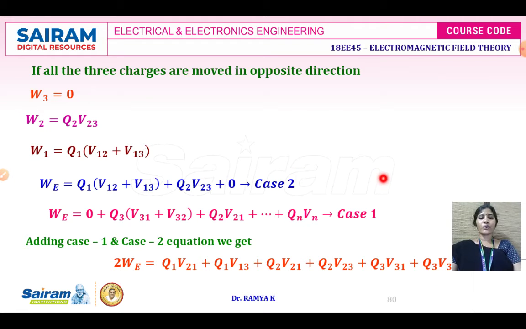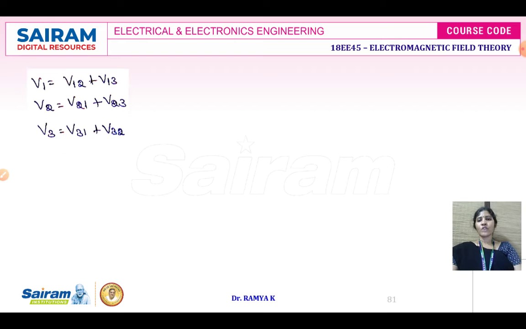The first equation represents moving a charge from infinity to the point under consideration inside the universe. The other equation represents moving a point charge from the universe to infinity. So adding these two work done, you get the total work done in moving a charge to and fro.